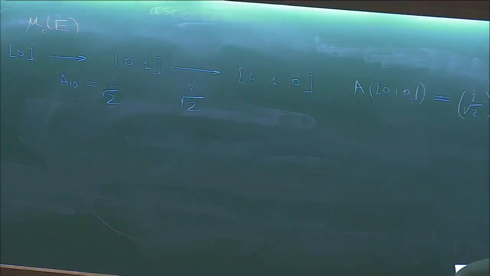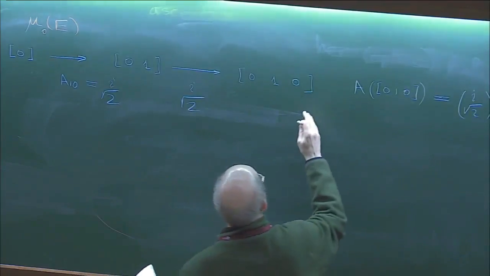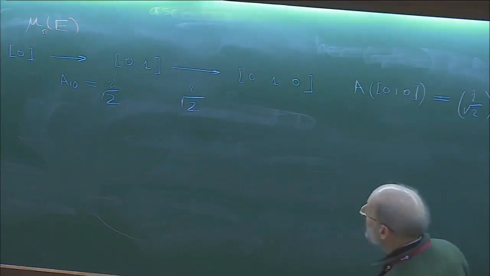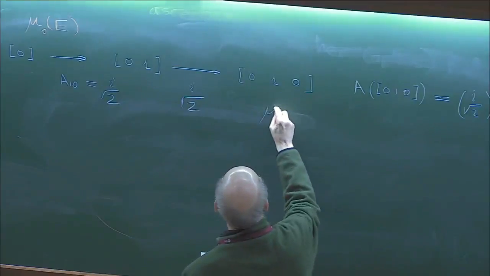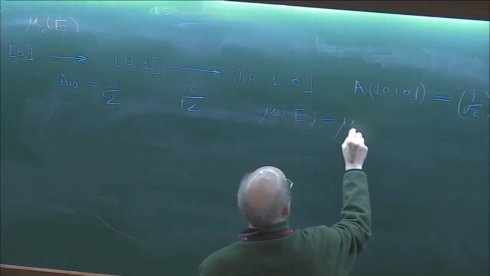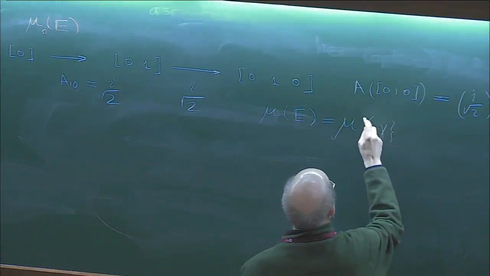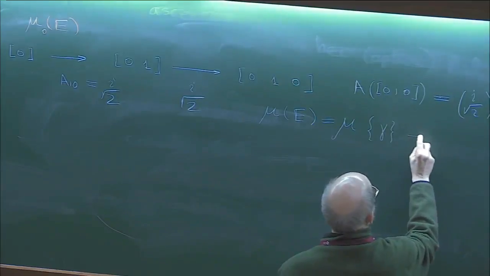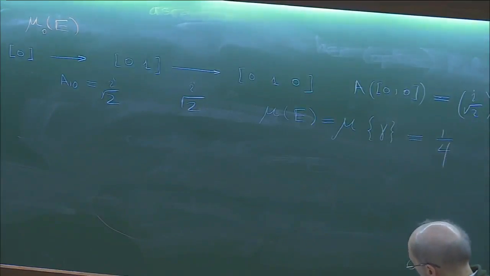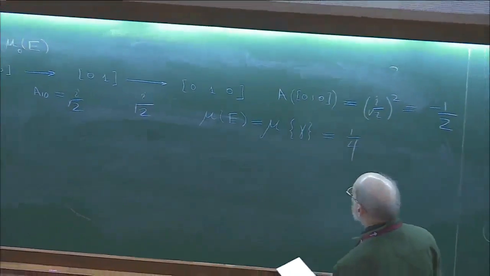In this case there's no interference or non-interference, there's only one history. So the measure of that history, which is just the measure of the set containing gamma, is equal to the absolute square, which is 1/4. So mu of E is 1/4 in this case.